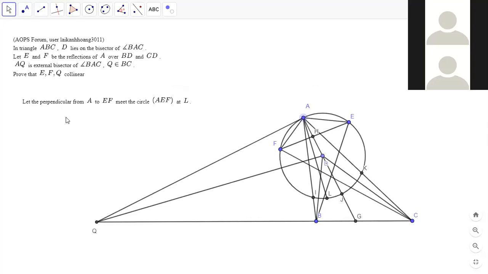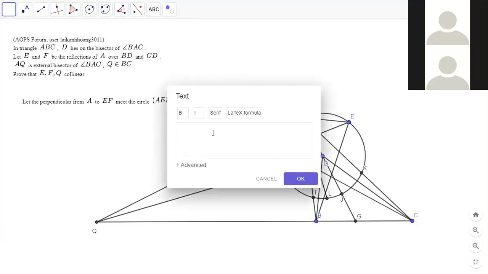Then we know that B, C, G, Q are in harmonic conjugation. That's well known, so I'm going to write that up here, since AG and AQ are internal and external bisectors.